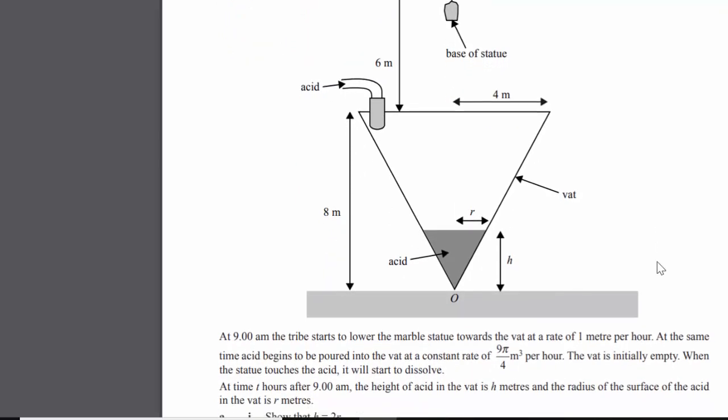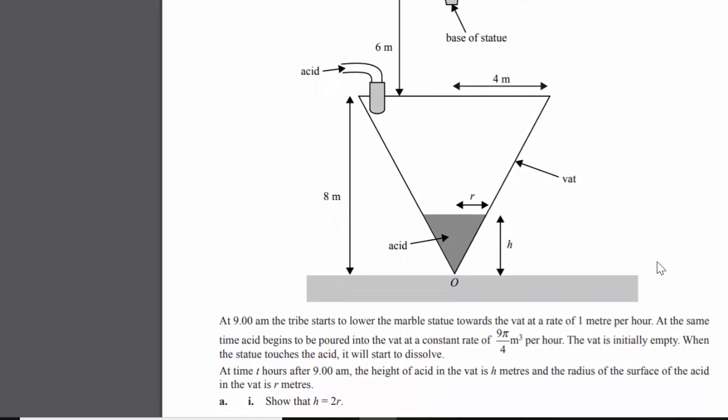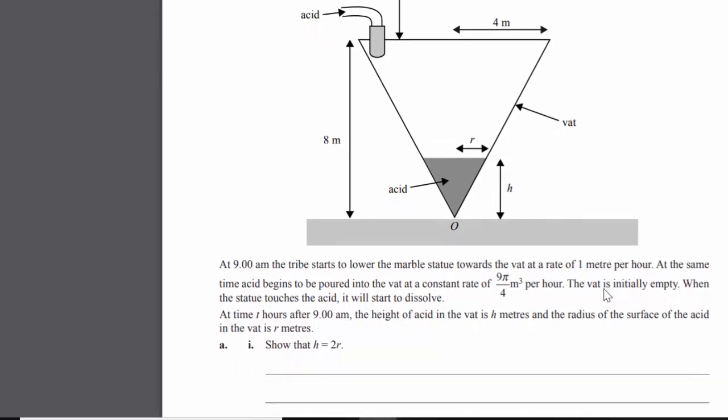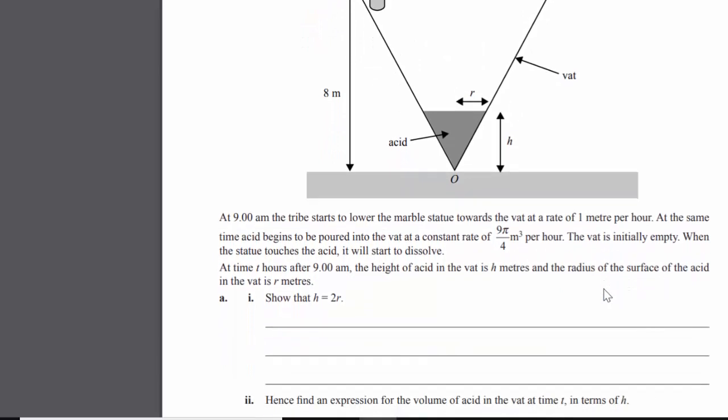At the same time, acid begins to be poured into the vat at a constant rate of 9 pi on 4 meters cubed per hour. Well, that's a rate of change of volume with respect to time, so we'll keep track of that one for later. And the statue is going to dissolve if the acid touches it.